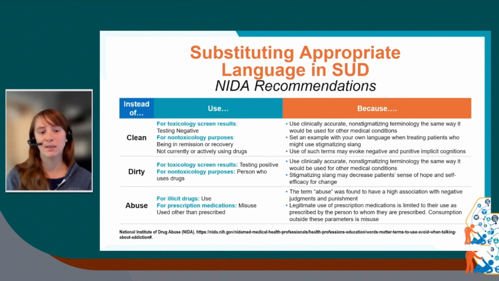So instead of saying someone's clean, we talk really clearly about toxicology screen results are testing negative, or being in remission, or not currently or actively using drugs. And I usually find when it comes to language, it's actually just 1 or 2 more words that take us out of a judgmental or potentially stigmatizing language and into a more, I would just say, a more rich explanation.